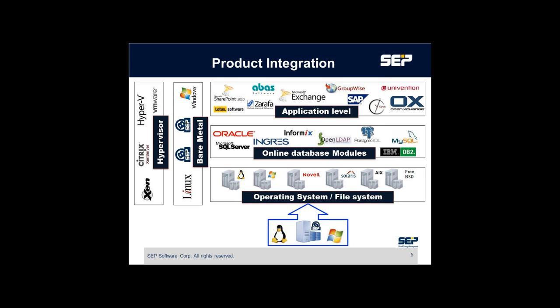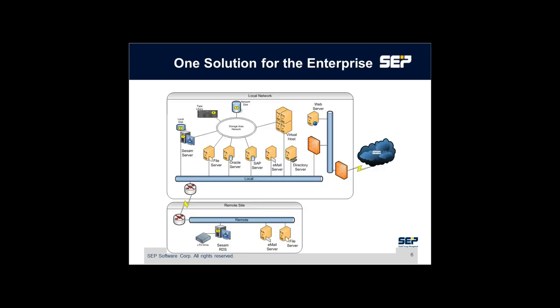You can see on the left-hand side, all major hypervisors are supported, and virtual technology. We have bare metal recovery for Linux and for Windows. We also have full support for all the major databases and groupware technologies, as well as quite a few different operating systems that we support from a client level as well.